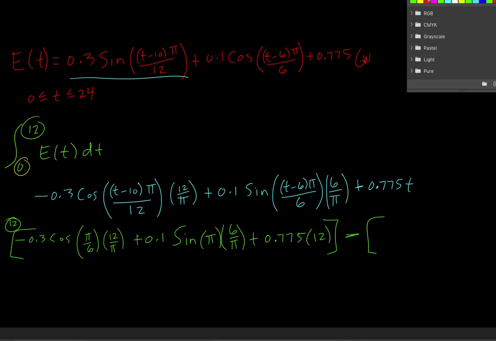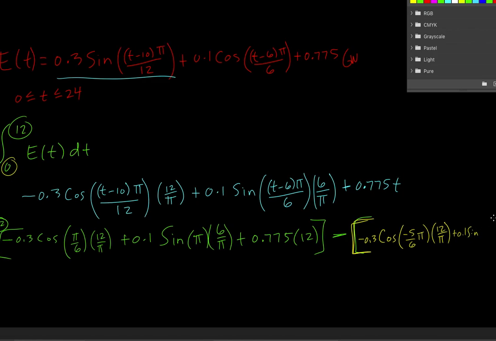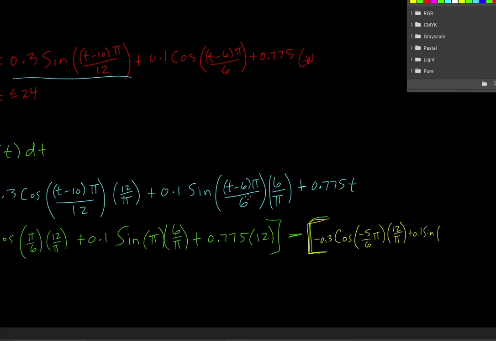And so if I plug in 0, I'm going to get negative 0.3 cosine, and then 0 minus that, so it's just negative 10 over 12, so it's negative 5/6 pi, and then that's multiplied by 12 over pi on the outside, and then we add that to 0.1 sine, and if I keep going, plug in a 0 there, the 6's cancel, so that's just negative pi, and then 6 over pi. And then if I multiply this by 0, it just goes away.